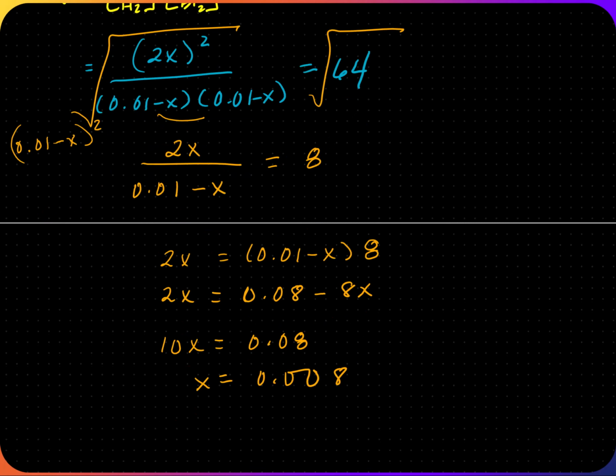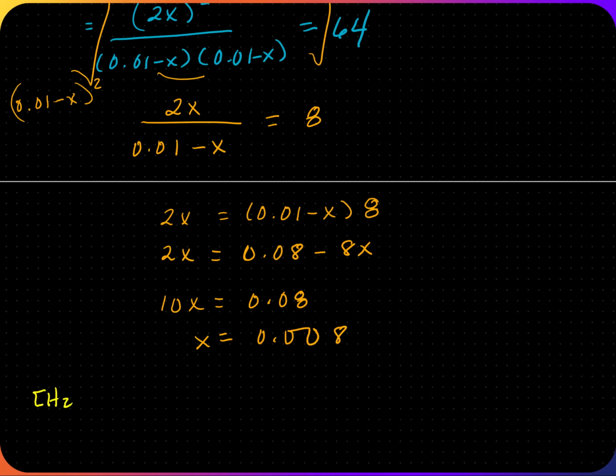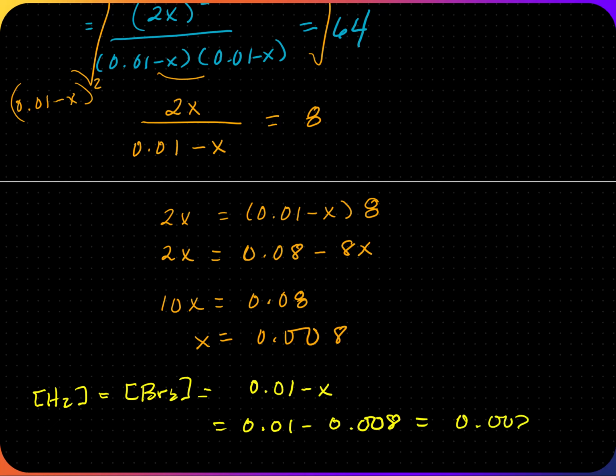We need to find the equilibrium concentration. H2 is equal to Br2. They were equal to 0.01 minus x. Substituting that in, that's 0.01 minus 0.008 equals 0.002 molar.